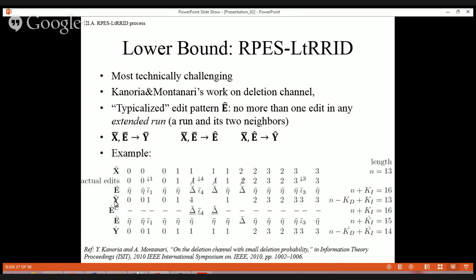From E complement and E, we can get the typicalized edit pattern E hat just by eliminating the edits indicated in E complement. And from E hat and X, by processing E hat on X, we can get Y hat, which is the typicalized post-edit sequence.